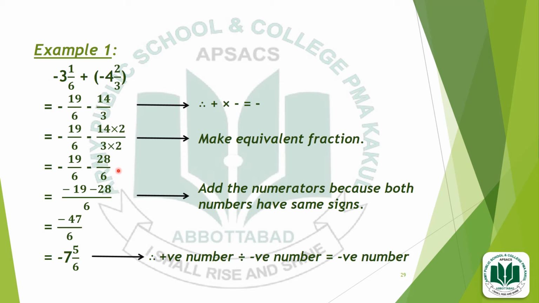Once we get the like fractions, we will add the numerators because both these numbers have same signs. Hence, we will get minus 47 by 6, which is an improper fraction. By converting this improper fraction into a mixed number, we are left with an answer minus 7 whole 5 by 6.